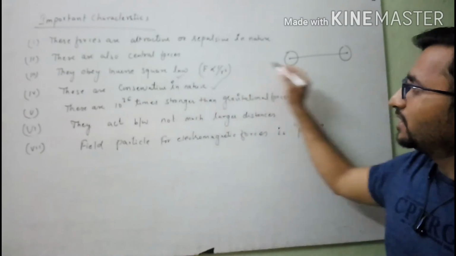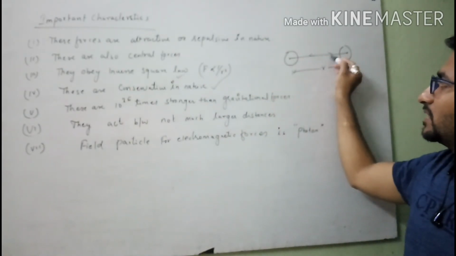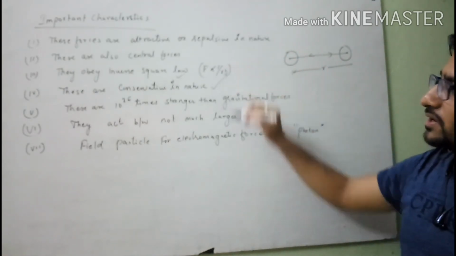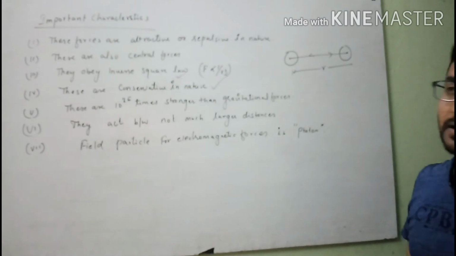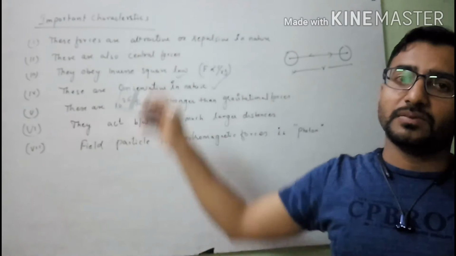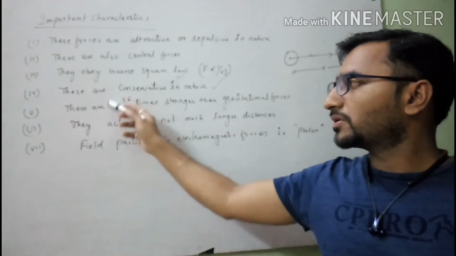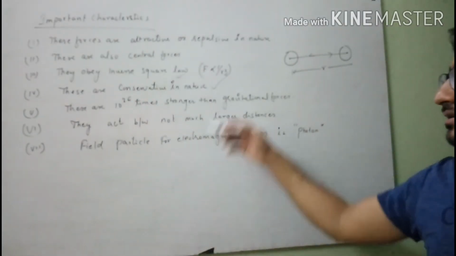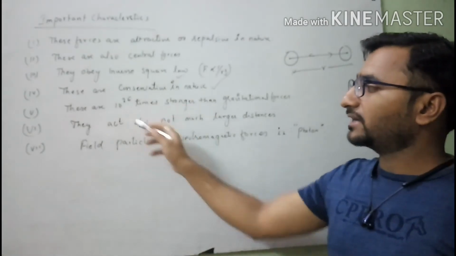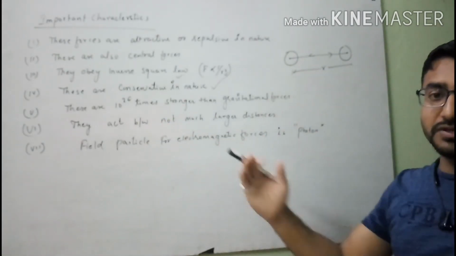After that, they obey the inverse square law, meaning the force of interaction between these two charged particles is inversely proportional to the square of the distance between them. And next, these electromagnetic forces are 10 raised to the power 36 times stronger than the gravitational forces. They act between two charges at a sufficient distance.